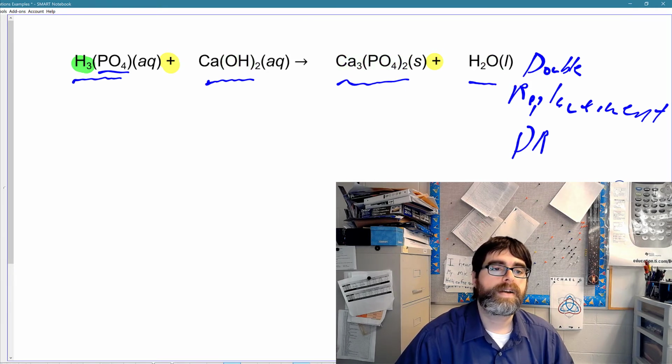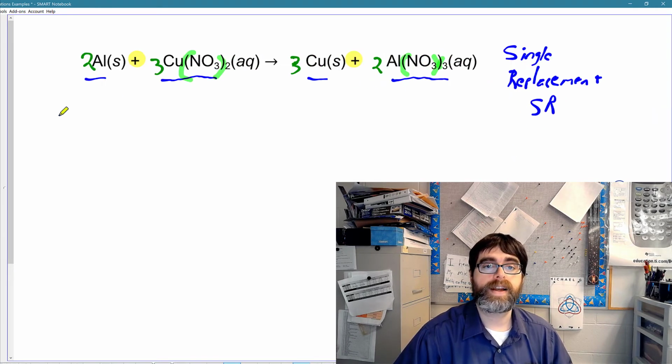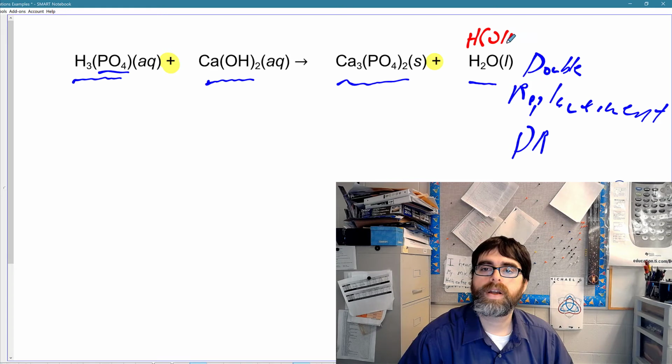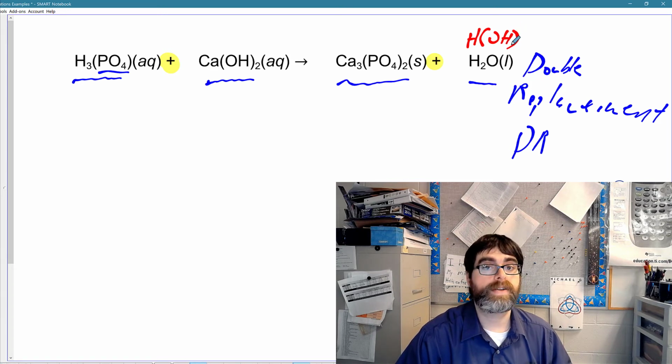And that is, recall on the last slide, I talked about balancing the nitrates rather than balancing the individual N's and O's. We can do the same thing here. If we treat water, instead of as H2O, we treat it as HOH. And then we try to balance those pieces.